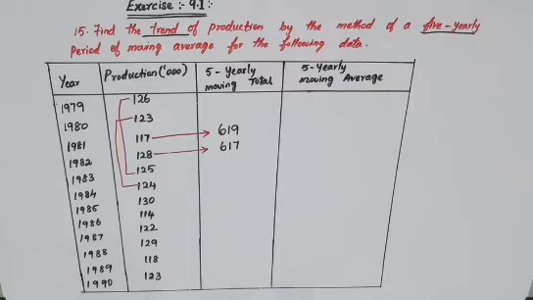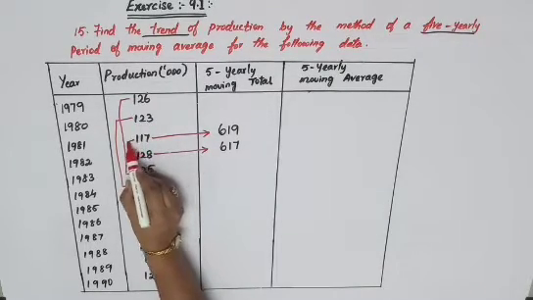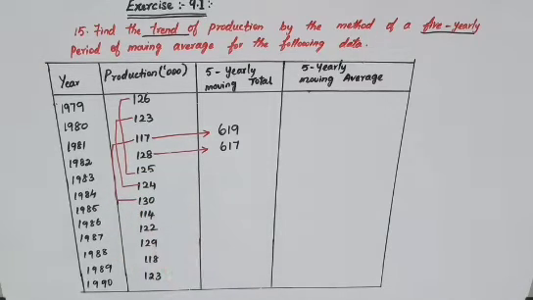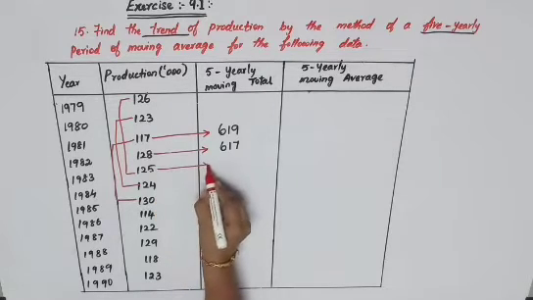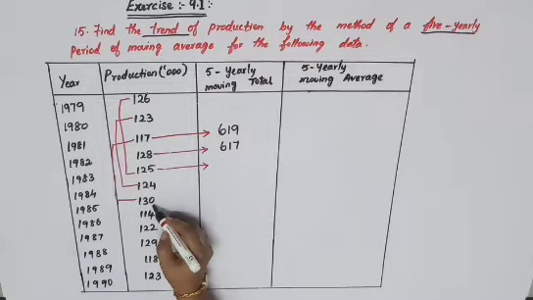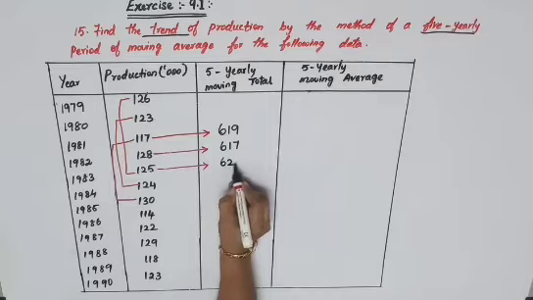The next is from 117; 123 you will have to leave it. From 117 to the next number, that is 130. Now straight to your 125, you will have to write your total. Adding from 117 to 130, you will get your answer as 624.